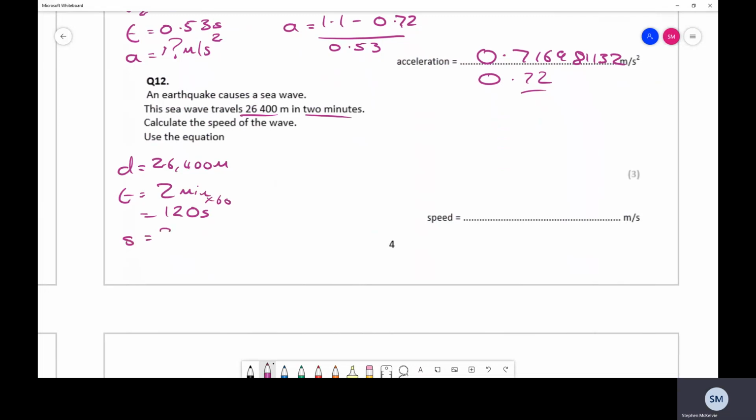What is the speed of the wave? I don't know. Use the equation, speed is equal to distance divided by time. Speed is equal to 26,400 divided by 120. This gives me an answer of 220 meters per second.